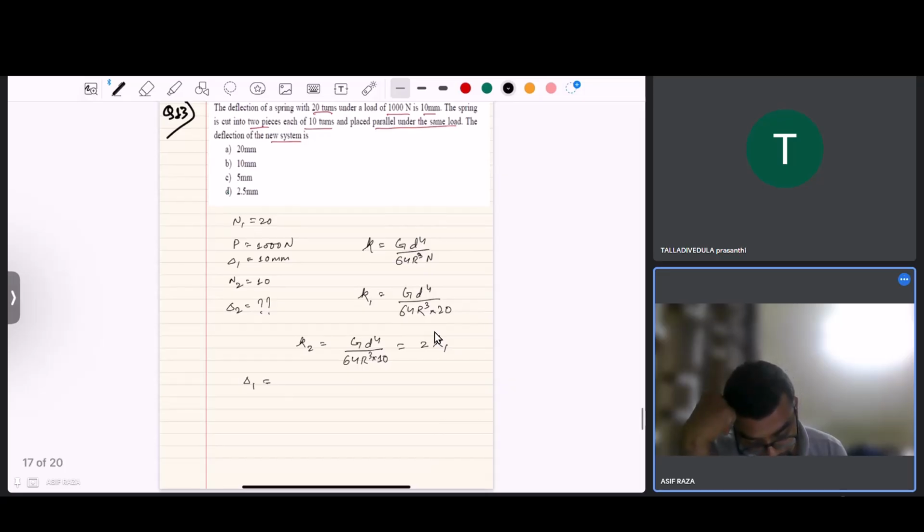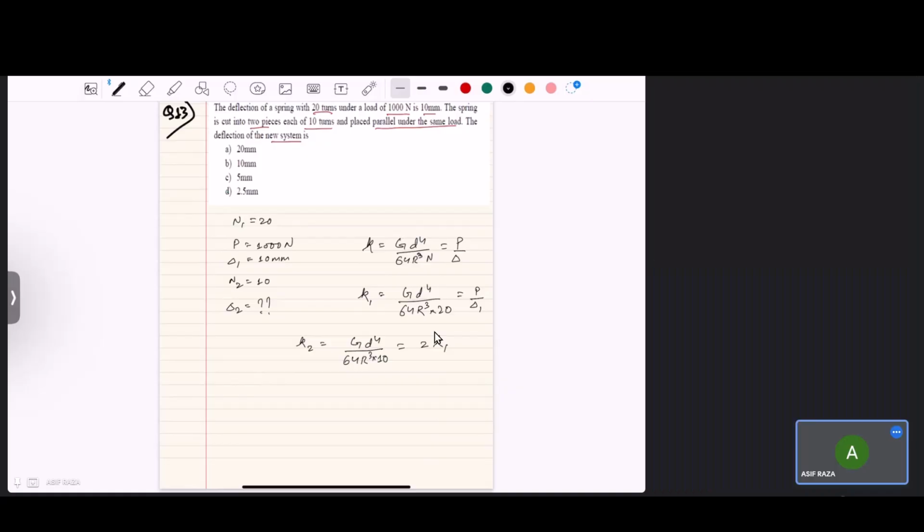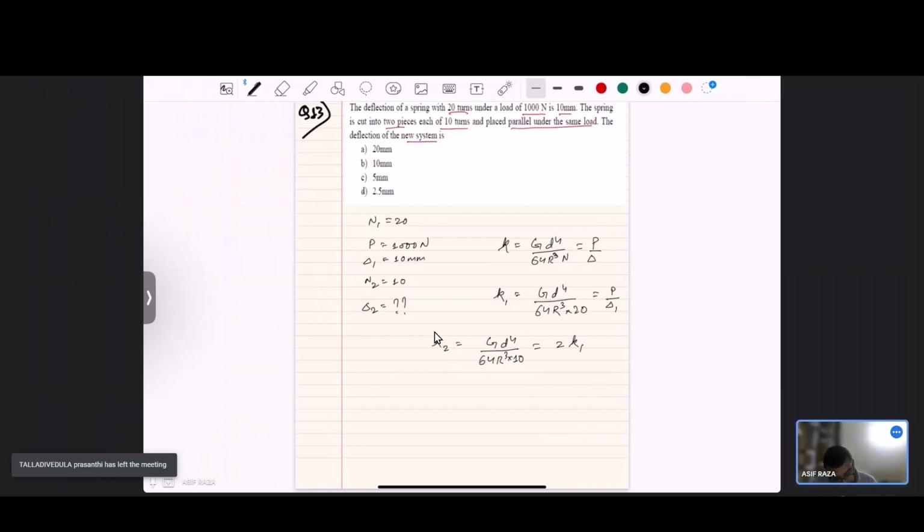Okay. Now one more thing, K is equal to P by delta. So I can write it as K1 equals P by delta 1, and this K2 is equal to P.